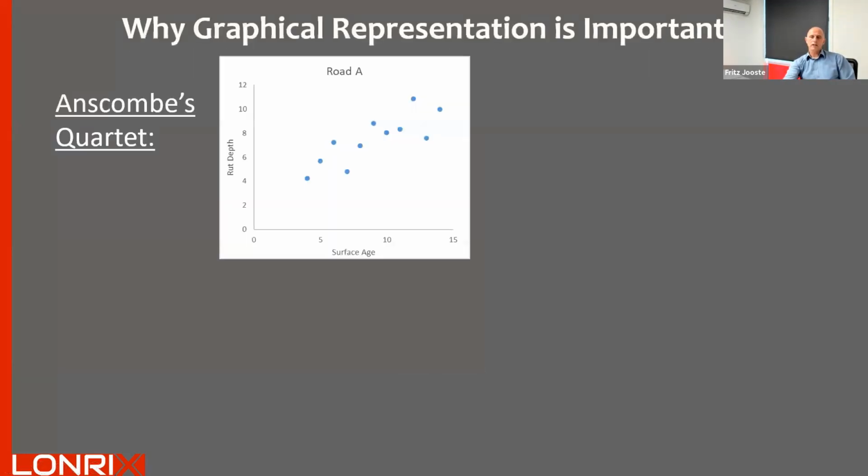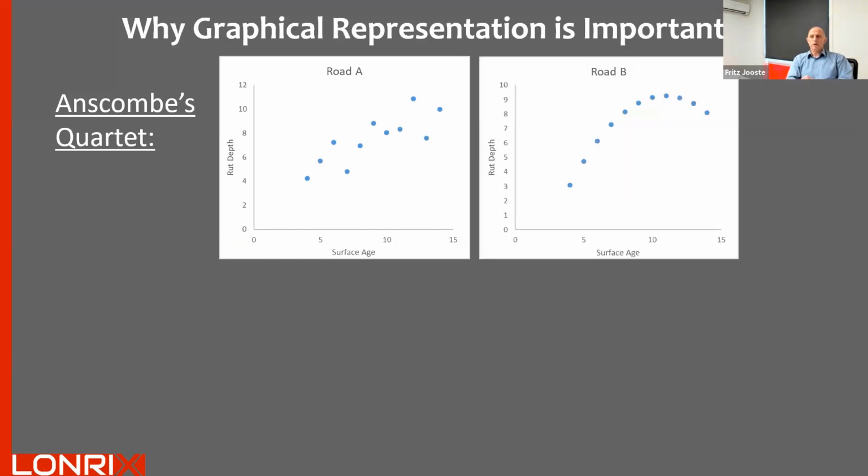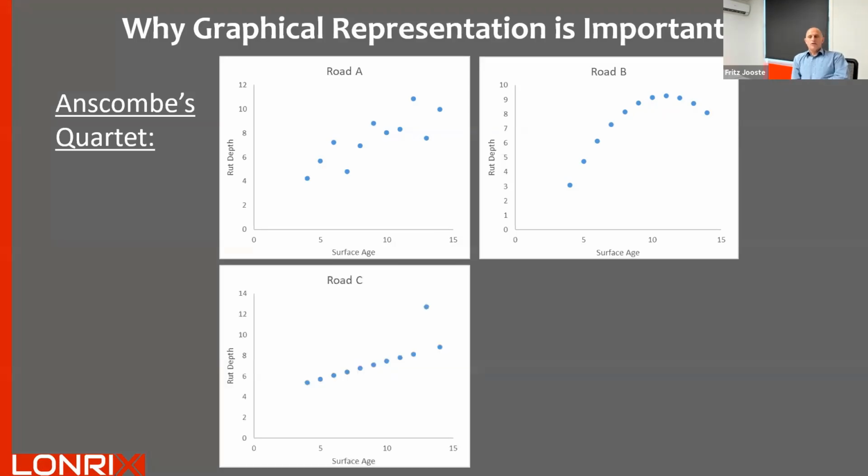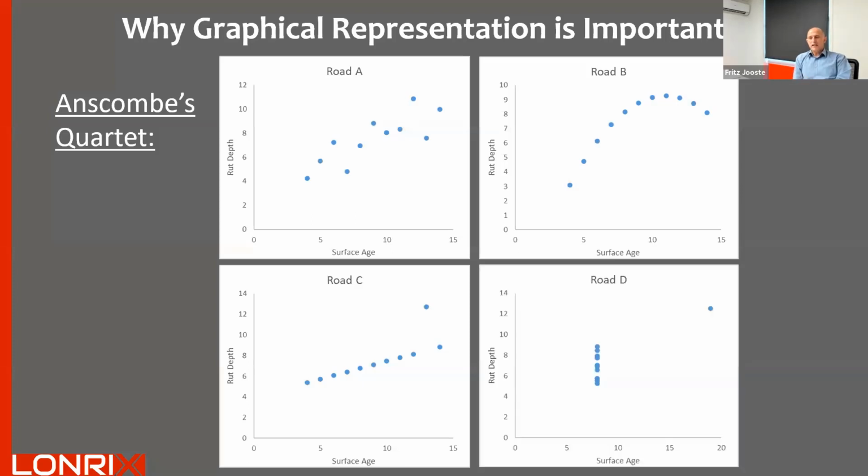However, when you look at the data graphically, you can see this is our first of the 4 data sets, road A. And then if you go and look at road B, the data looks like that. So obviously, it tells a different story in terms of how this road is performing. Then road C gives again another picture, and road D, again, a very different picture.